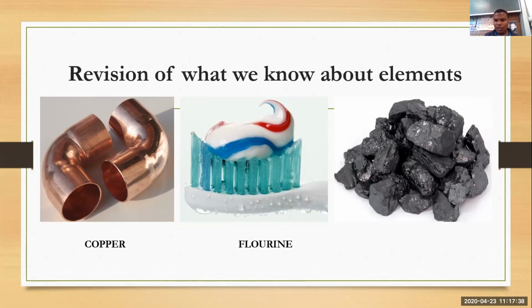We get it naturally, and coal is made up of 75% carbon. Meaning when you look at all the material that makes up coal, 75% of which is carbon, and carbon is an element. So whether or not we like it, we are surrounded by elements, and we use elements on a daily basis. The elements are part of us.